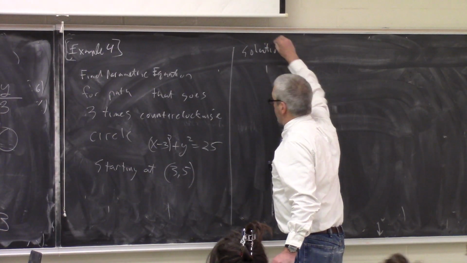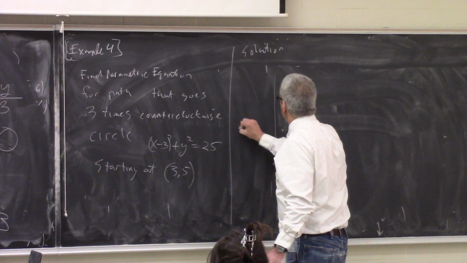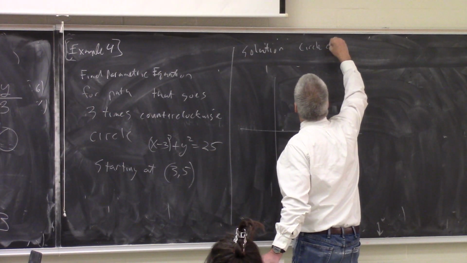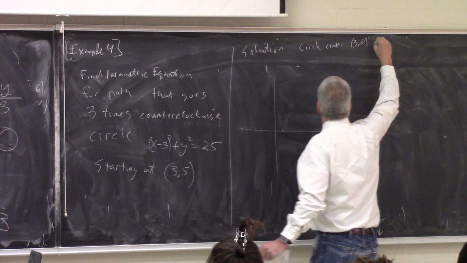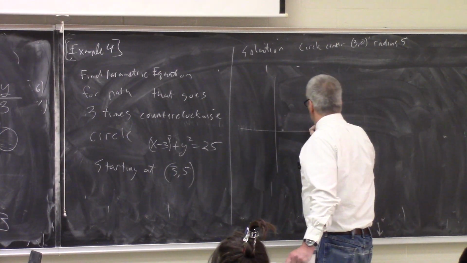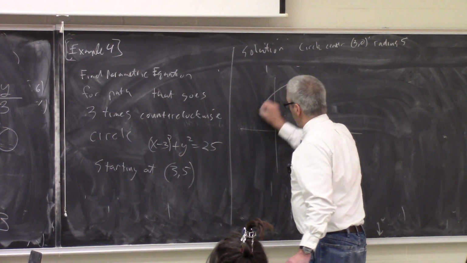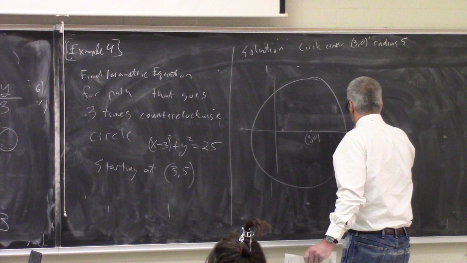Well, let's draw this. That's a circle centered at 3, 0 with radius 5. So here we go, 3, 0, and I want radius 5. So that's going to look like this. It's going to go through 8, 0.